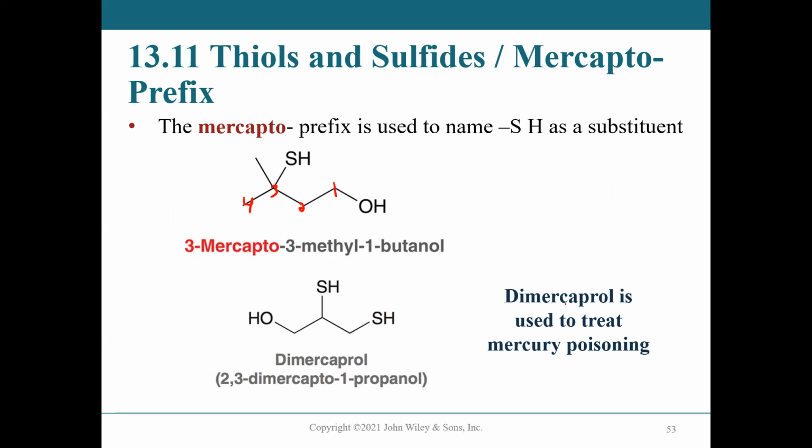It says dimercaprol is used to treat mercury poisoning. So if you were ever poisoned by mercury, this is a compound that they could potentially use. Sulfur binds to mercury.